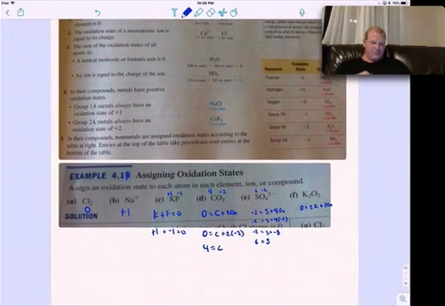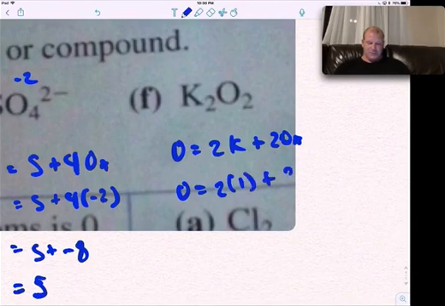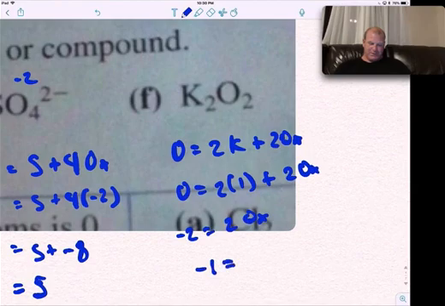Rule number 4, which is above rule number 5, says that alkalis are +1. 0 is equal to 2 times 1 plus 2 times our unknown. And that means -2 equals 2 oxygen, -1 is equal to oxygen's oxidation state. So this is +1, -1.